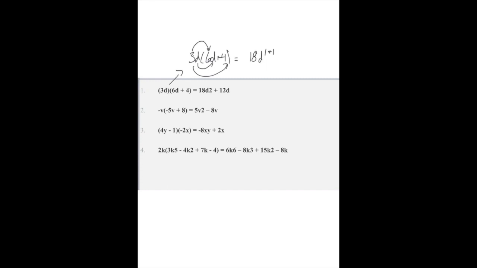And being that 3 is positive and 4 is positive, it will be plus, and 3 times 4 is 12, and we have to carry the d through, so plus 12d. So we end up with, as our final answer here, 18d squared plus 12d. So that's going to be our answer for the top one.